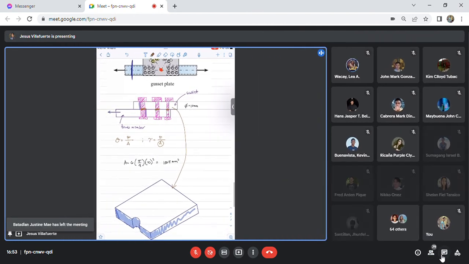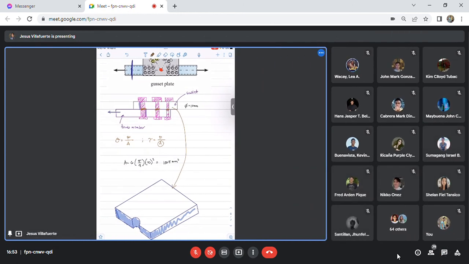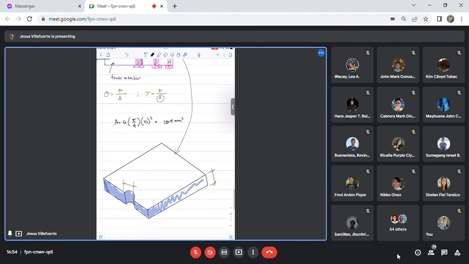When we talk about bearing, let's say it is cut there, what is now our bearing area? What is the bearing area that we consider? We consider the vertical projection of this area, times the thickness. So for the area under bearing, this is the diameter times the thickness.